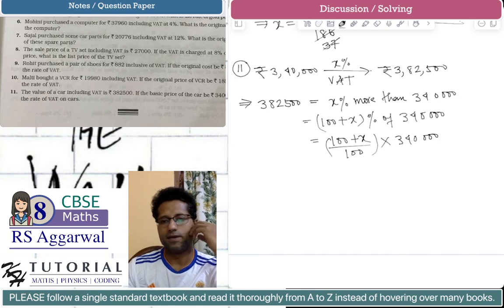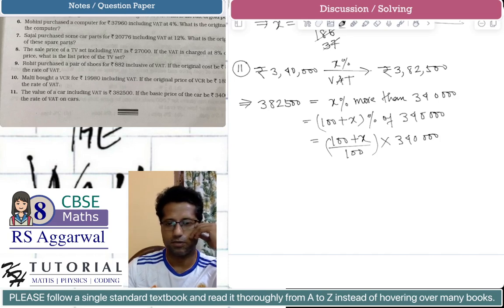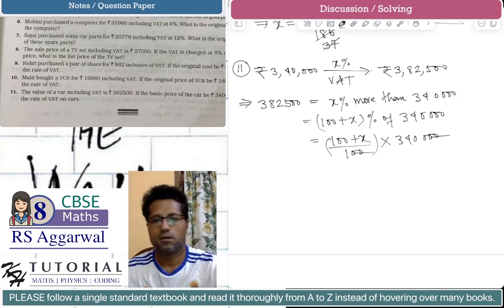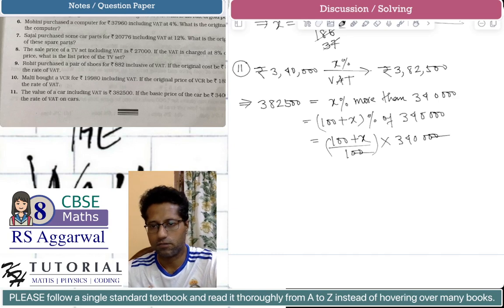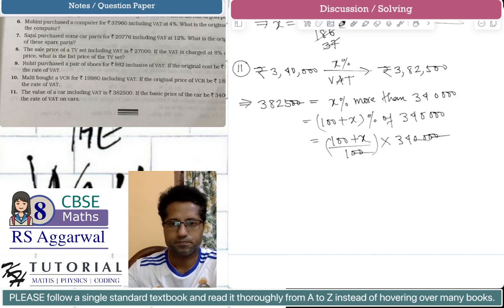Okay, now we can cancel out two zeros from the denominator and two zeros from the numerator. And after doing multiply, we can also cancel out two zeros from here and two zeros from here.